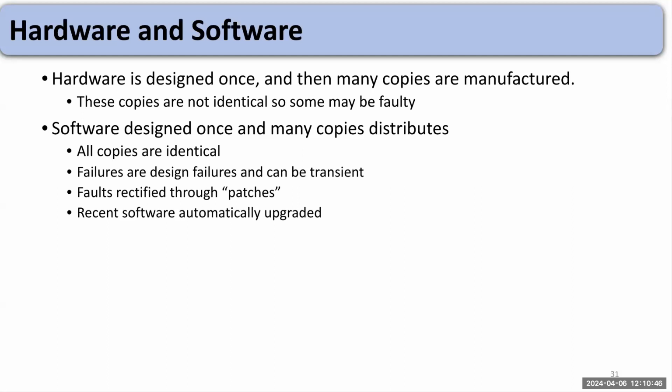That means updating the software by avoiding those failures. The recent software is automatically updated. The most recent software like Windows, Linux, automatically the authors find the failures and they modify it and update them automatically.